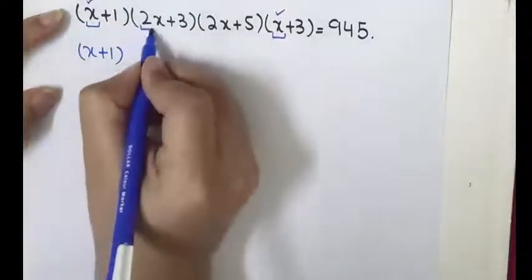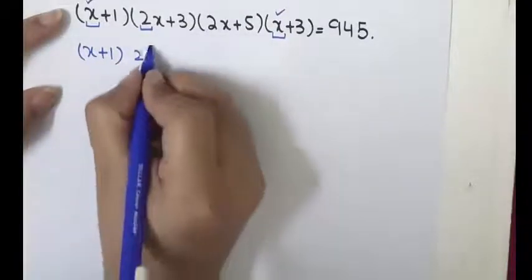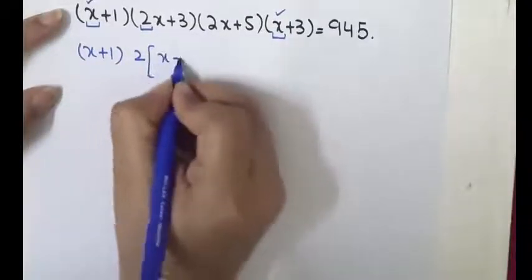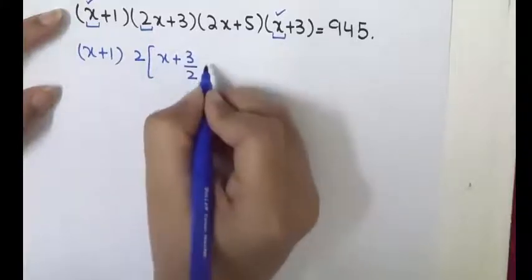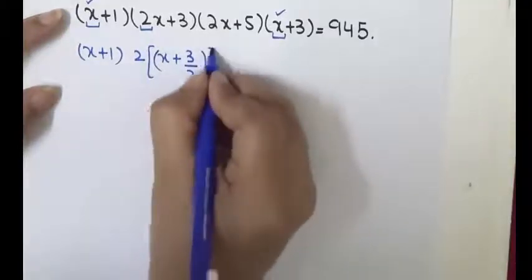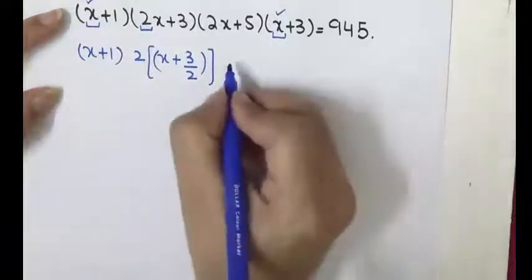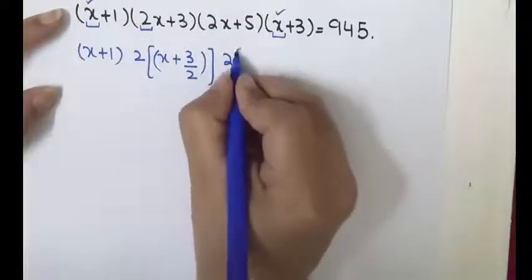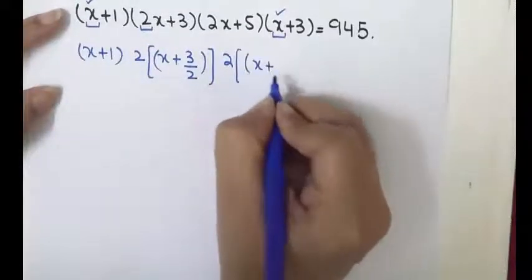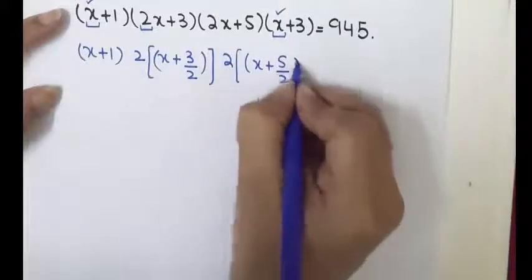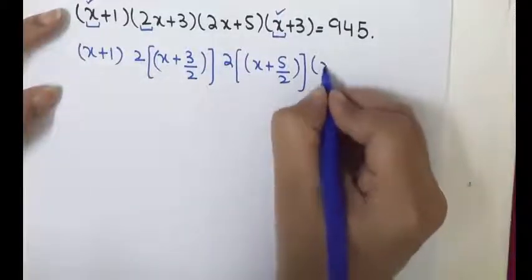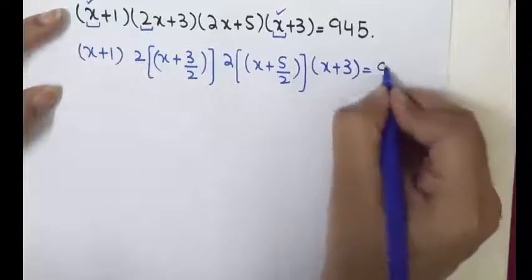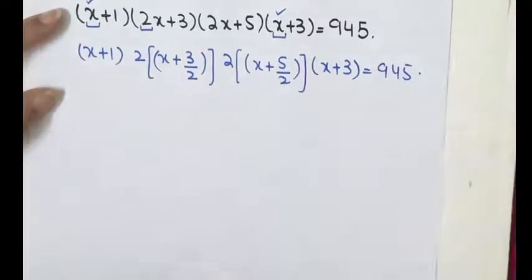Now we will take 2 common and we will get (x + 3/2) inside the bracket. Again we will take 2 common and we have (x + 5/2), into (x + 3) = 945.